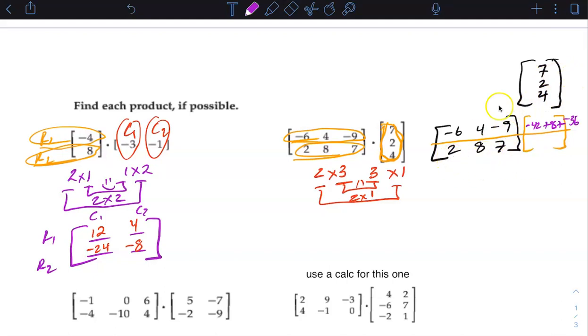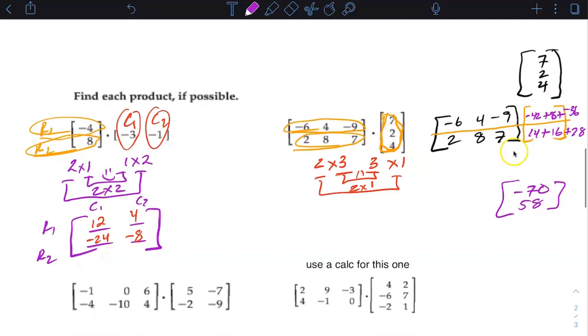And then the bottom one, 2 times 7 is 14. 8 times 2 is 16. So that's 30. And then 7 times 4 is 28. So 58 on the bottom. On the top, negative 78 plus 8, so negative 70. There we go. So I kind of like that way.